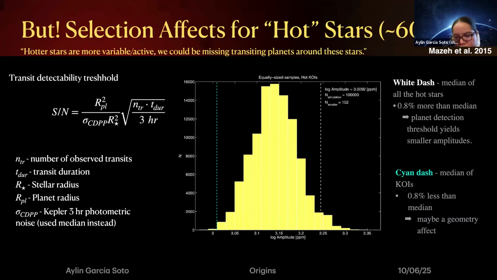From the two samples, they defined a signal to noise detection represented by that equation, where it looks at the number of observed transits, transit duration, stellar inclination, planet radius, and the Kepler 3-hour photometric noise. And the detectability was basically to see if they can recreate this 115 sample.